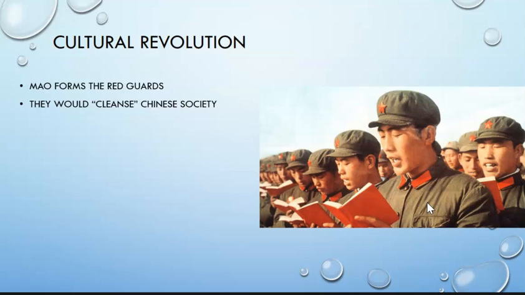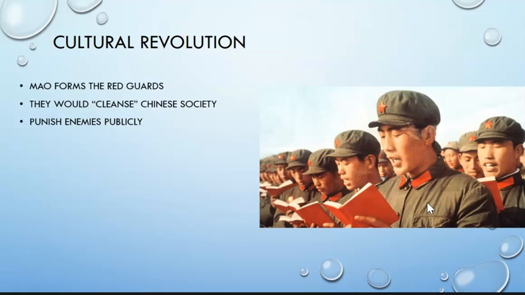The Red Guard was made up mostly of young people who were energetic and committed, and some radical members of the Communist Party who wanted a pure communism. So they were going to cleanse Chinese society. They would punish enemies of Chinese society, of the Communist Party and so forth.